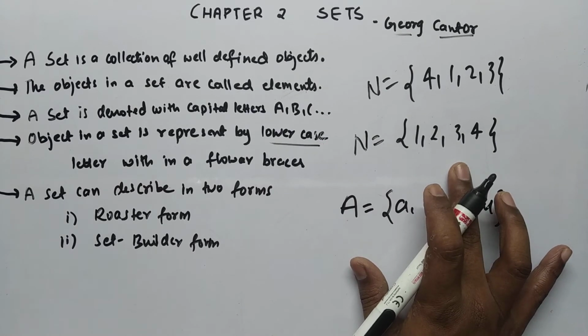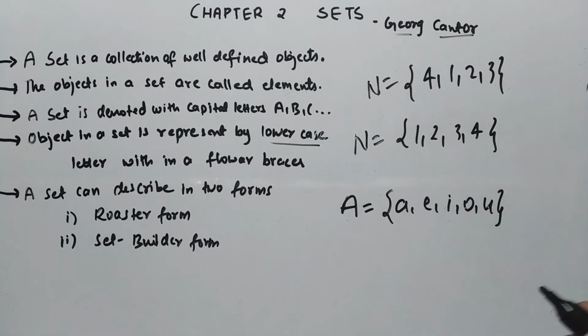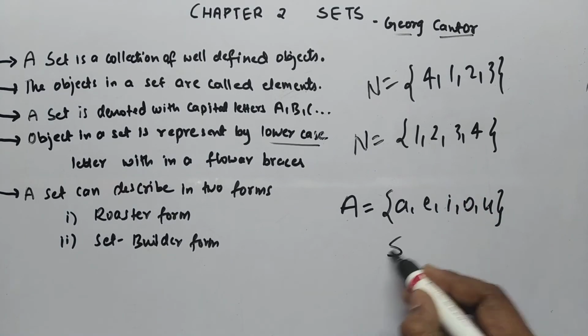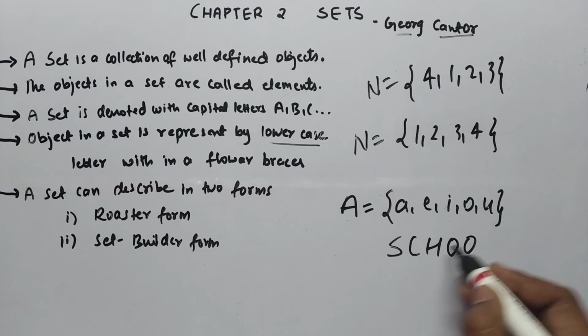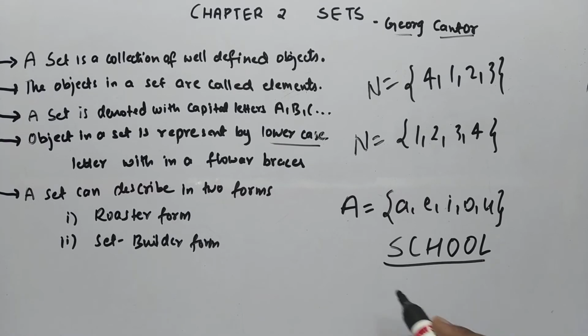Take a set of letters from the word school. The spelling is S, C, H, O, O, L. We have to write a roster form from this word, the set of all the letters of the word school.